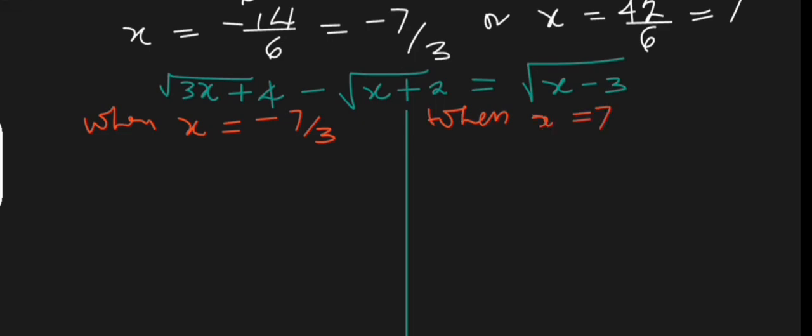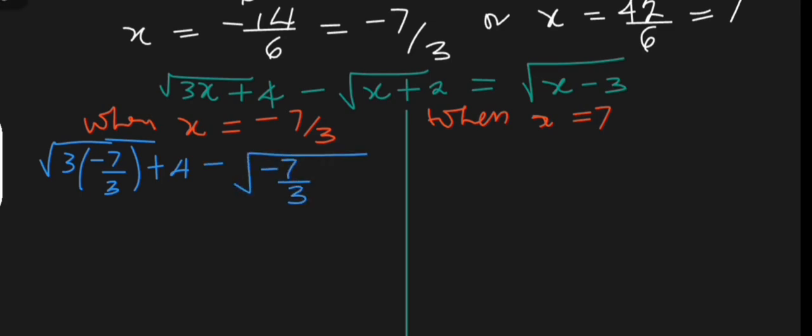Now for x being negative 7 over 3, on the left hand side we have the square root of 3 times negative 7 over 3 plus 4, minus the square root of negative 7 over 3 plus 2, that we said is equal to the square root of x minus 3, which is negative 7 over 3 minus 3.